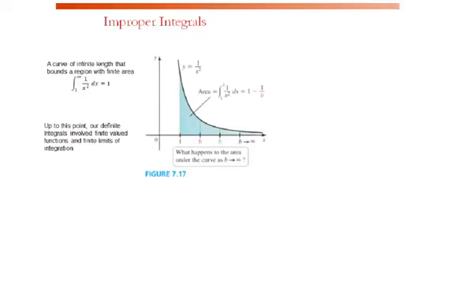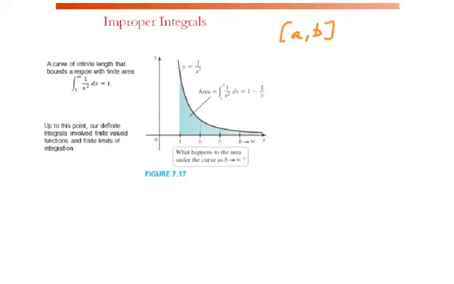So up to this point, all our definite integrals had finite intervals of integration, and the functions themselves were finite, meaning there were no asymptotes. But the basic understanding, or paradox rather, that we looked at before break was that a curve that goes off infinitely can have a finite area underneath it.